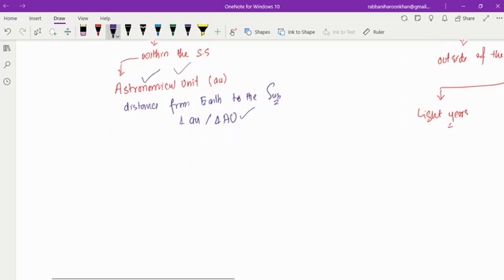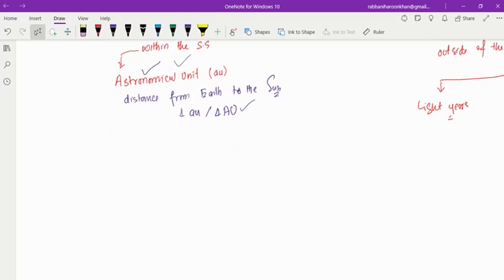Now we also know that we can measure distances in the interplanetary system with respect to the Sun in kilometers as well. Mercury, for instance, let's say this is your Sun, and this is the distance between Mercury and the Sun. We talked about these things in the previous lecture: it is 58 million kilometers.